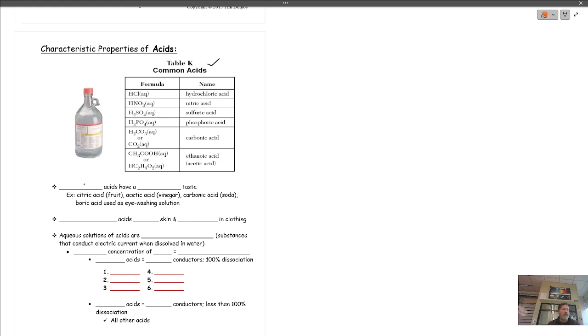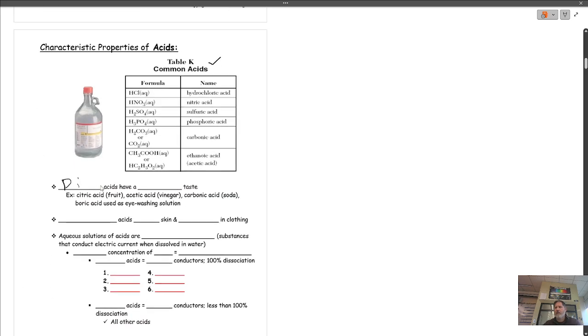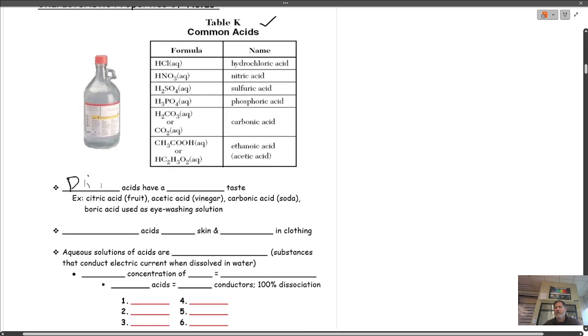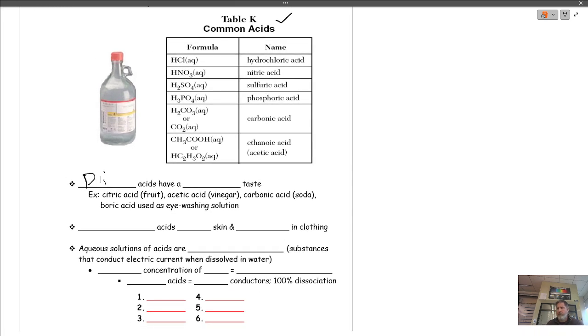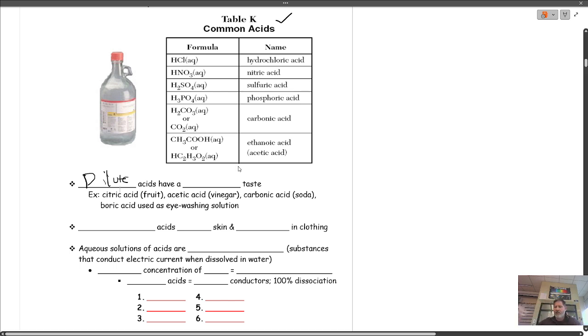The first thing I want you to see is we have some dilute acids. They actually have a sour taste, something that I don't want you guys to ever test yourself.